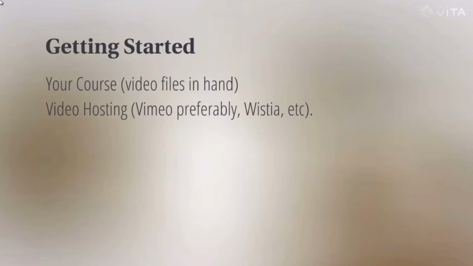So for example, we've got Vimeo.com. We recommend that highly. And Wistia.com is another video hosting. And once you set all these up, you can take the embed codes and then, of course, enter it into LearnDash or whatever WordPress LMS plugin that you desire to use.